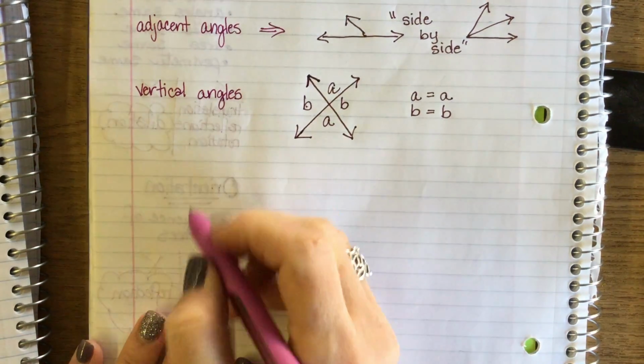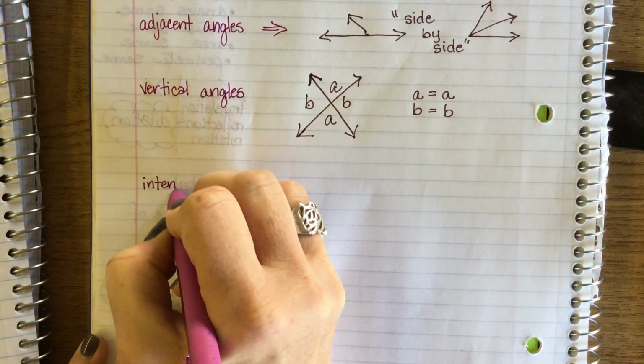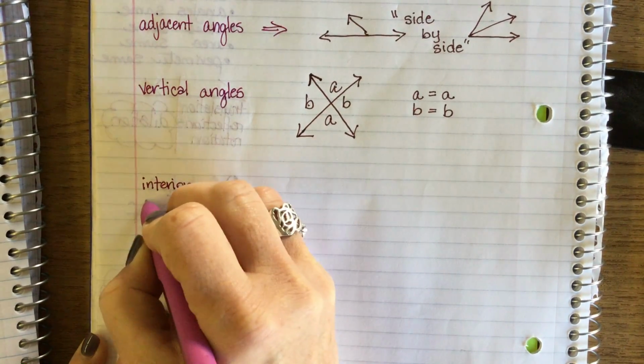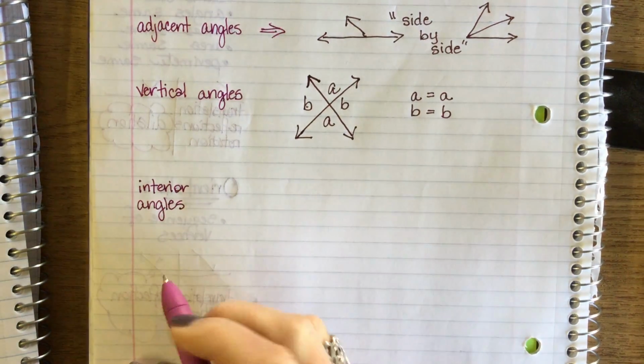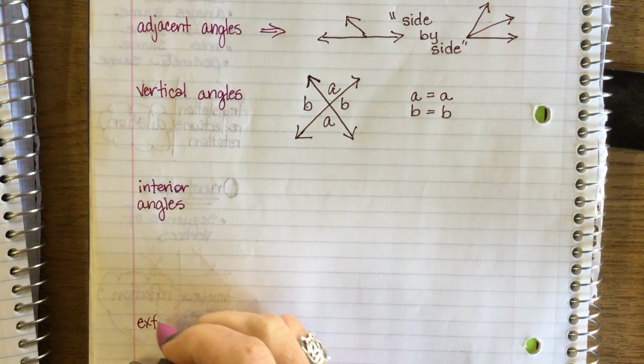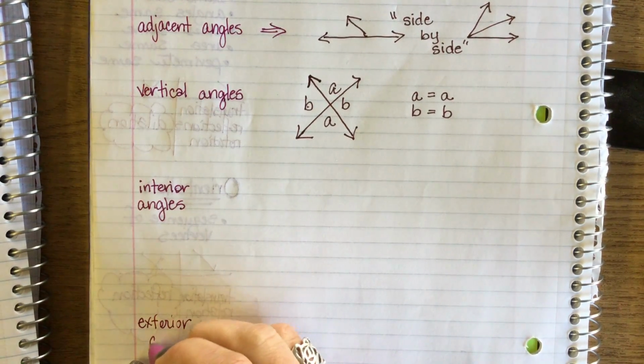We have interior angles and then we have exterior angles. Right, interior is the inside, exterior is going to be the outside.